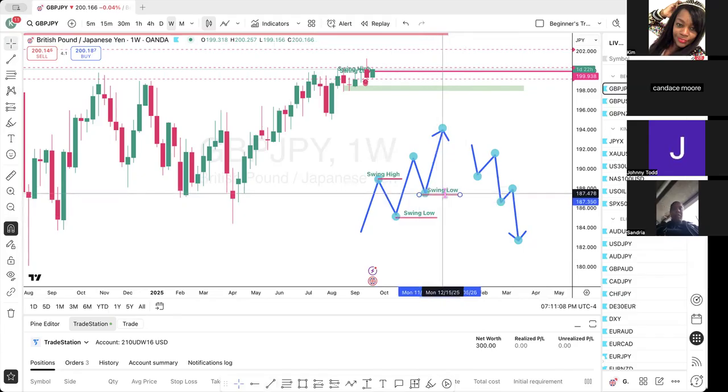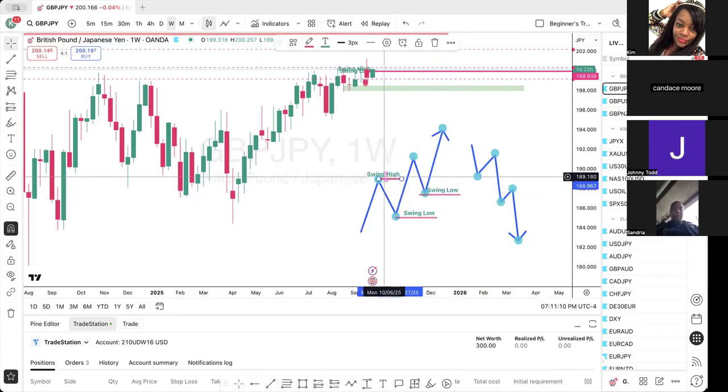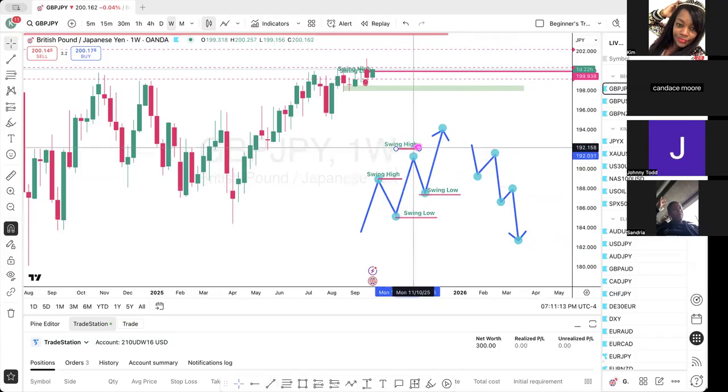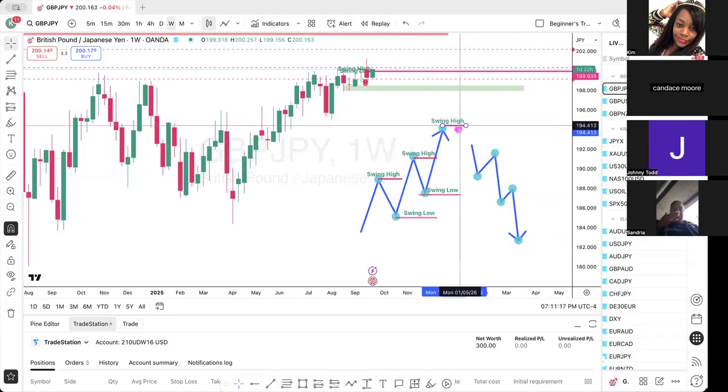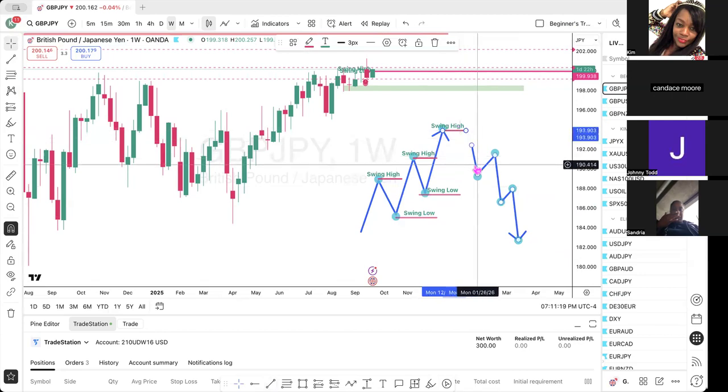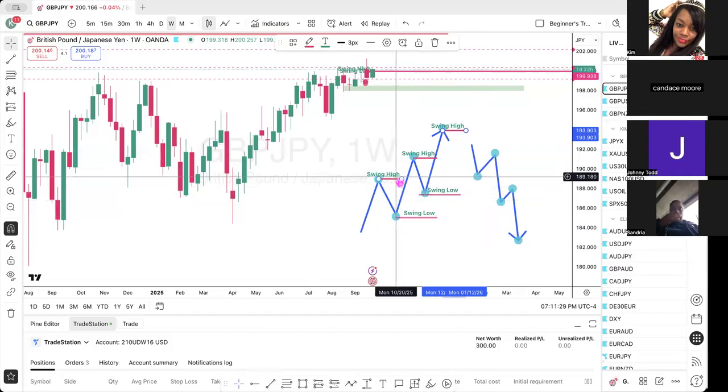This is a swing low. This is another swing high. And this is a swing high. Okay, and then vice versa. I just call it a swing high or a swing low, mainly because it's just easier for me to say.